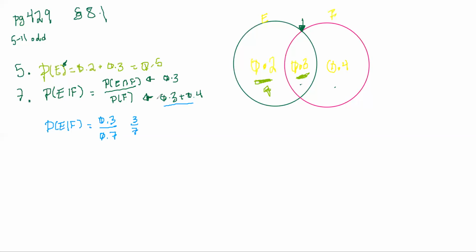So this is 0.428. So that is the probability of E given F. So it's not just the intersection here, because as we were describing earlier, the intersection only describes intersecting points of E and F. We also have to take into consideration that F may not happen. And if that is the case, how does it impact the chances of E given F?